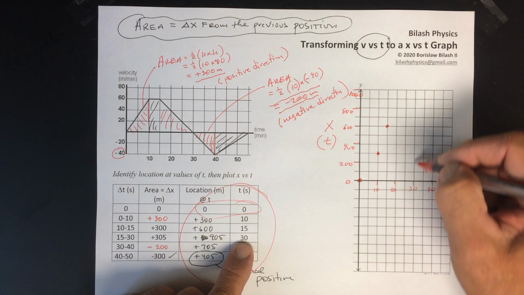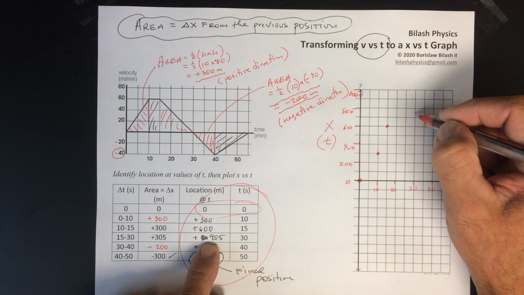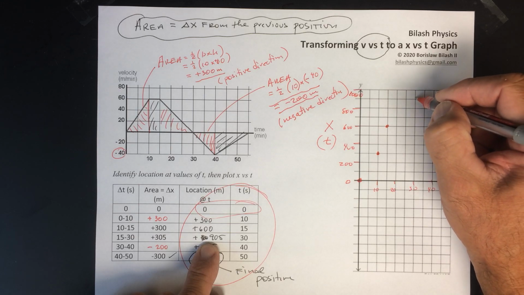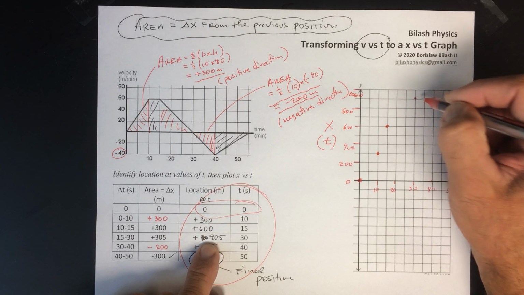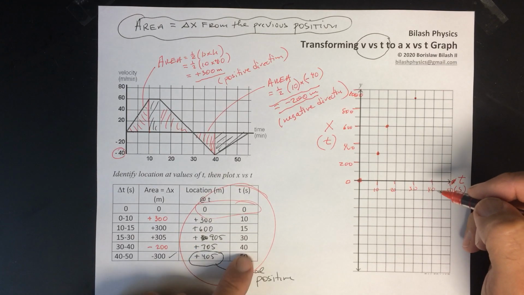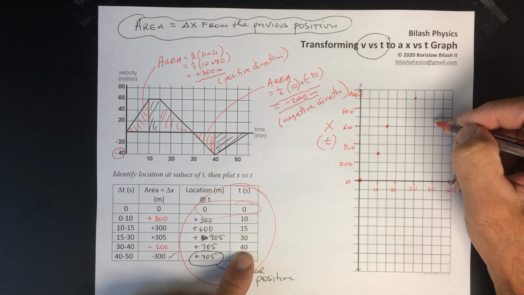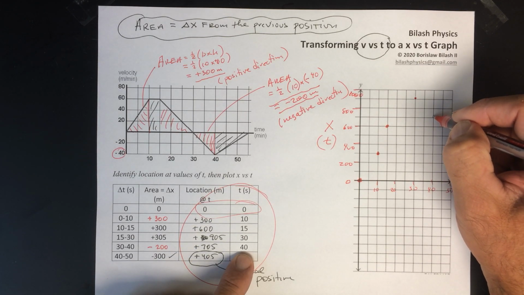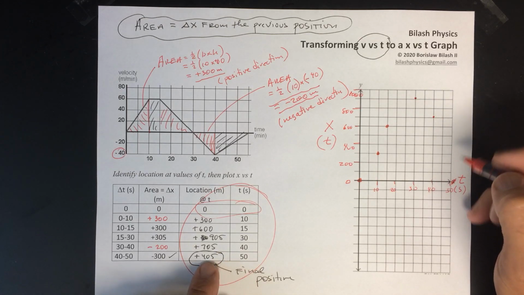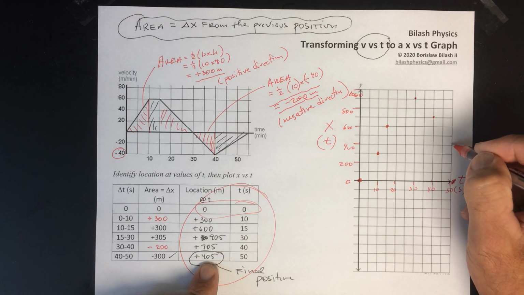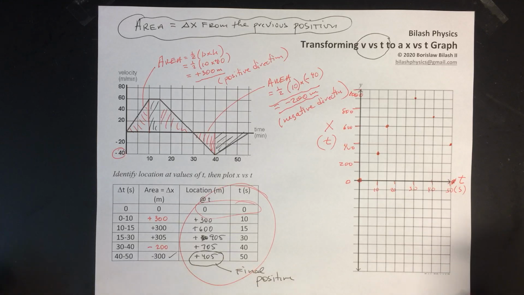And then at 30 seconds, we're going to be at 905, which is just a little bit above there. I may have exaggerated that a little bit. And at 40, we're at 705, so a little bit over there. And then at 50, we're at 405, and that would place it right over there.